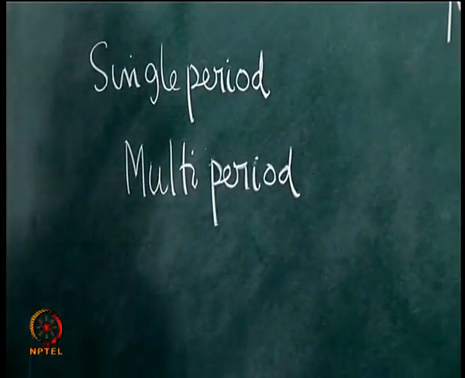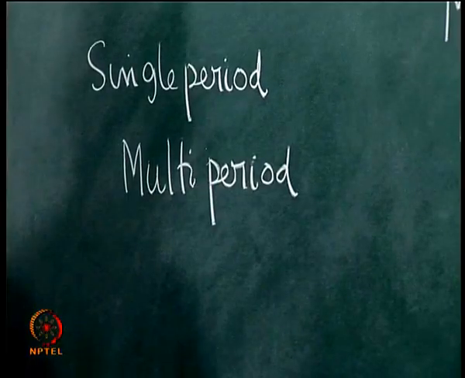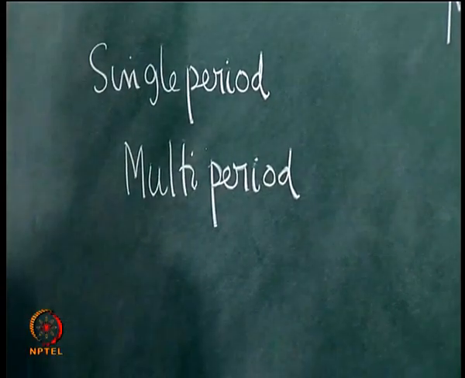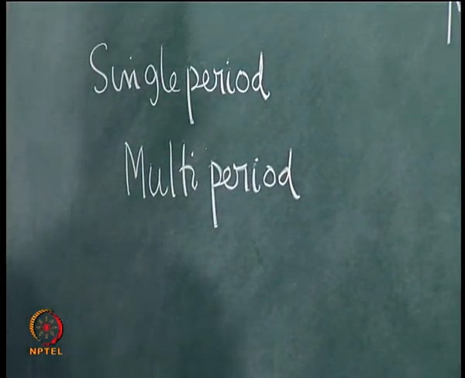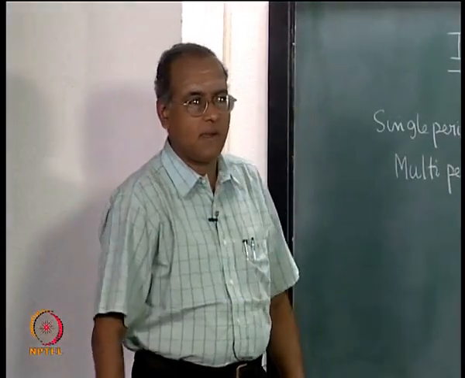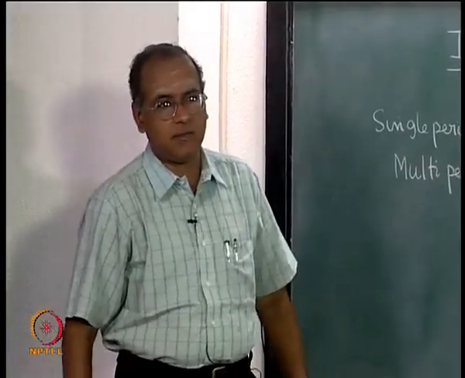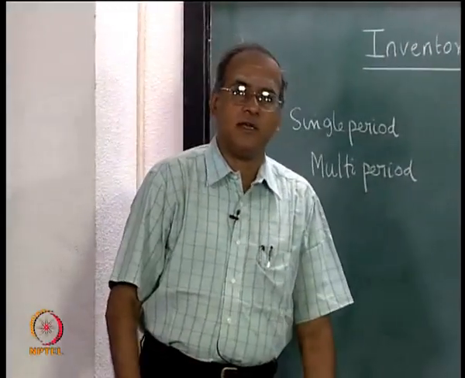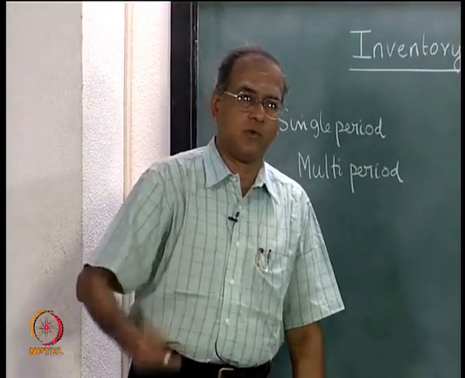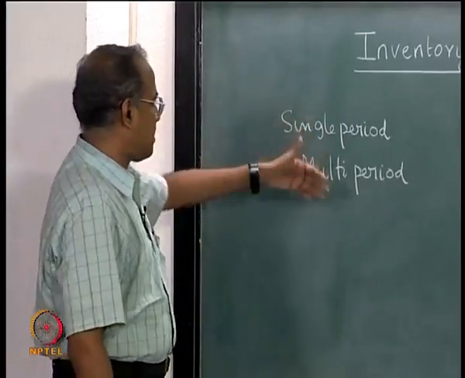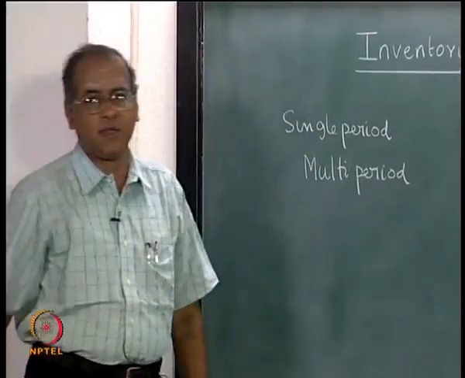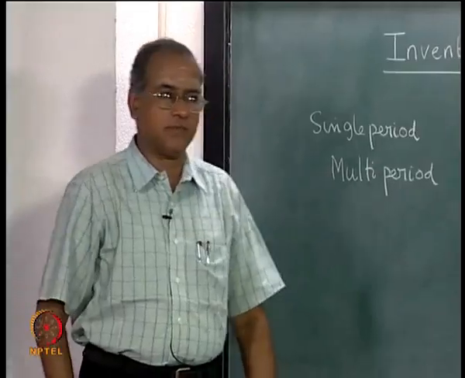Single period inventory models assume that the planning horizon is a single period and the decision is made only once. Multi-period models assume that there are several planning periods or multiple periods and decisions are made more than once. Sometimes these are also called static and dynamic inventory problems.